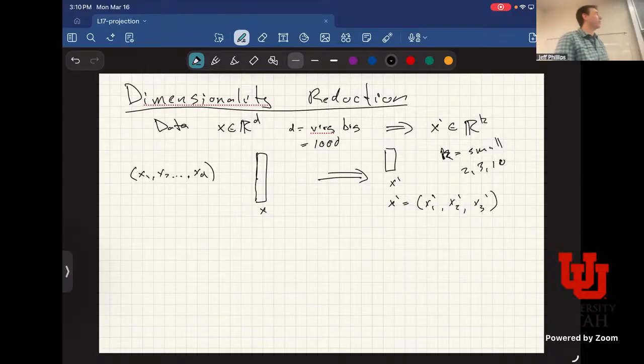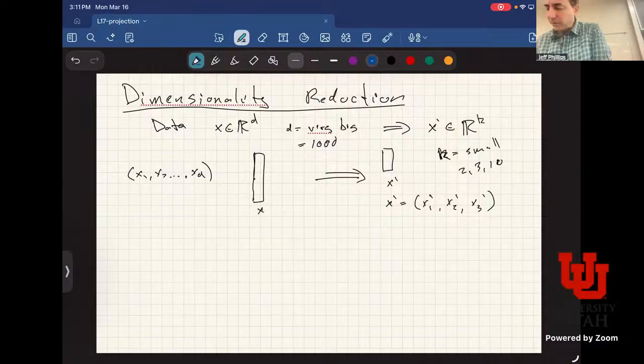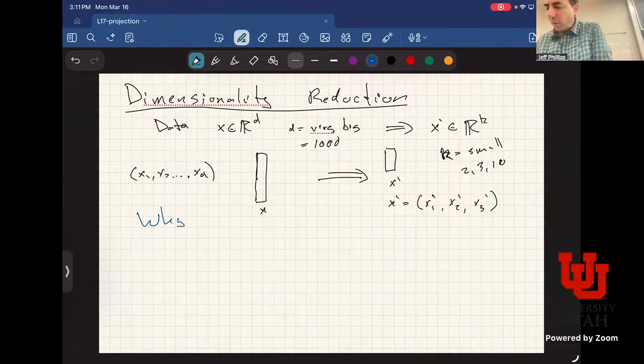So I just have 3 coordinates in it. I'd like to do this for all of my data at once. I've captured a lot of information, X1 to XD, but the goal is to go down and represent not just one data point, but a whole bunch of data points at once in this lower dimensional space.